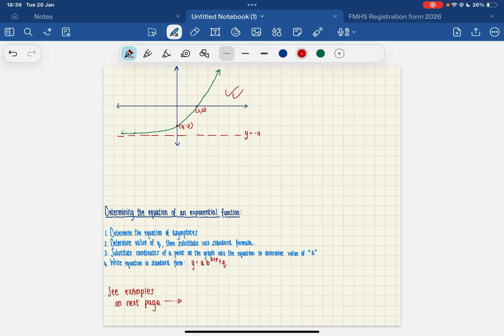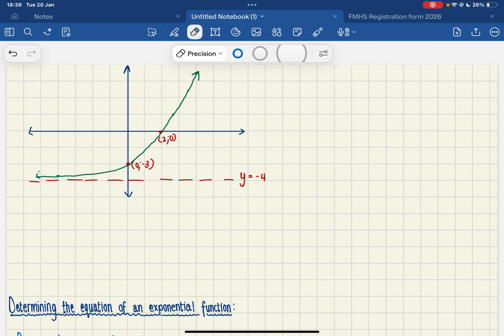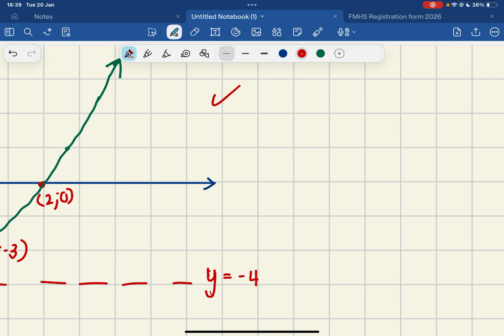Essentially, what does the question then imply? Let me quickly give you your marks here. You get a mark for shape, a mark for your x-intercepts and y-intercepts, as well as your asymptotes.